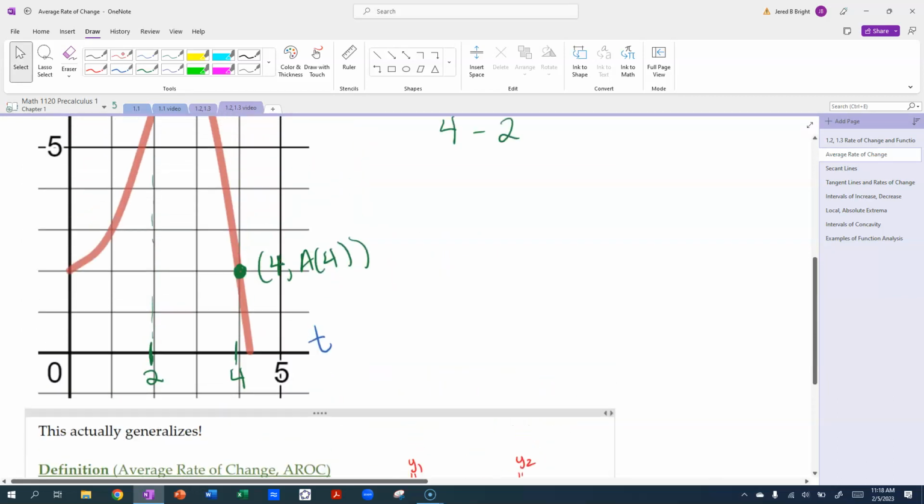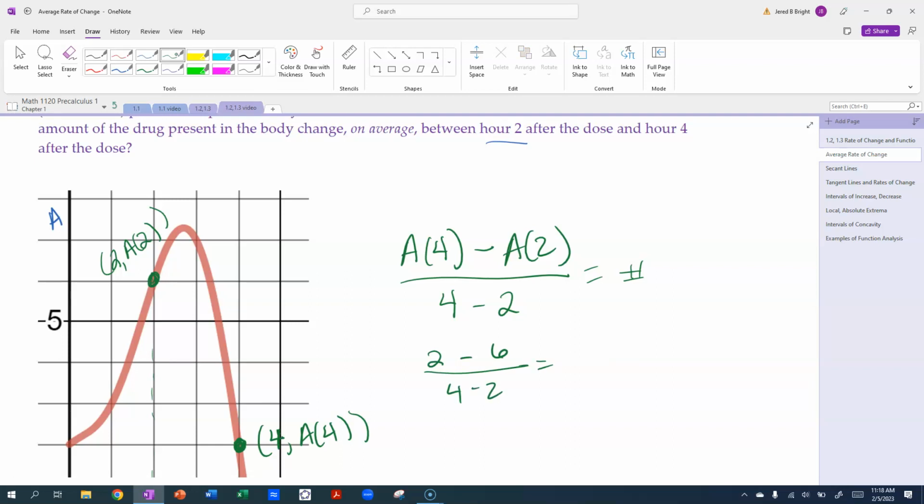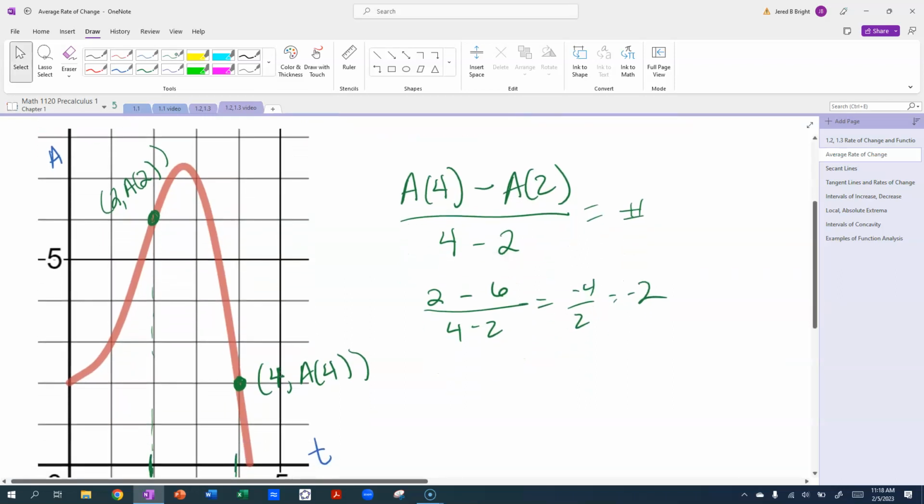Coming back up to here, we can calculate this. A of 4 was 2, and A of 2 was 6, over 4 minus 2. So I get negative 4 over 2, which is negative 2. This number means something in context, so remember that if you're in context, you interpret it appropriately.